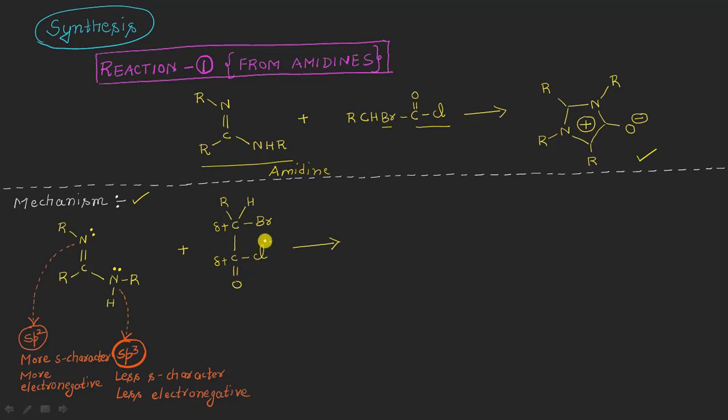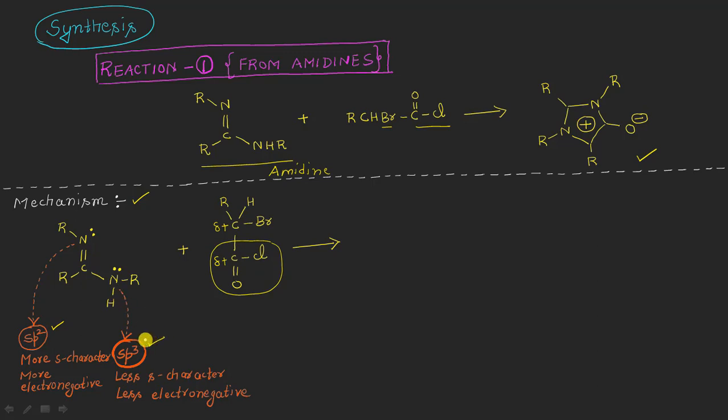So this part of the molecule will be attacked by the nucleophilic lone pair of a nitrogen atom from this molecule here. Now, we have to decide which nitrogen lone pair will attack this acid chloride carbonyl carbon: this one, which is sp2 hybridized, or this one here, which is sp3 hybridized.